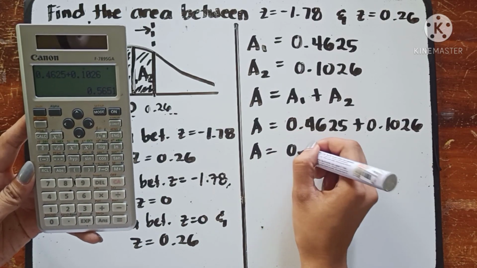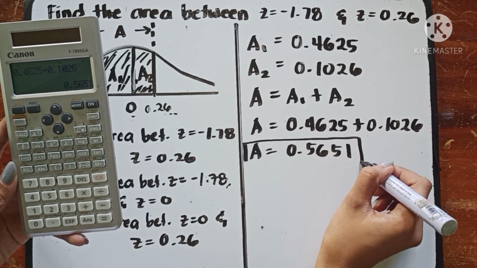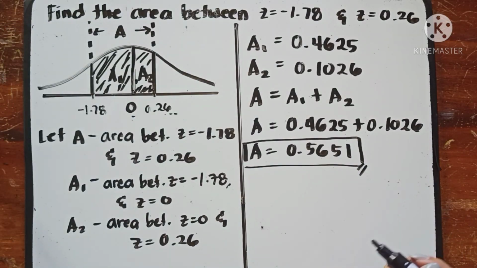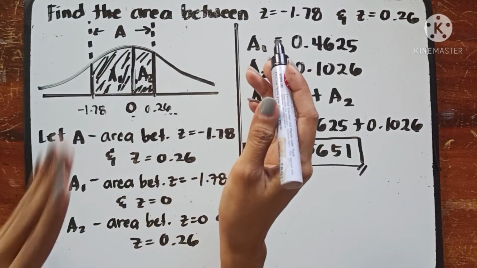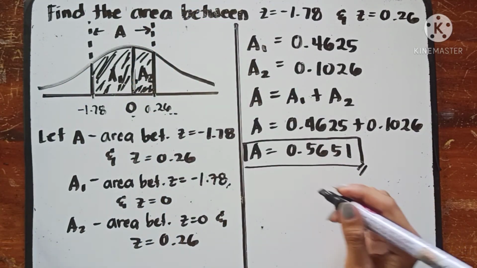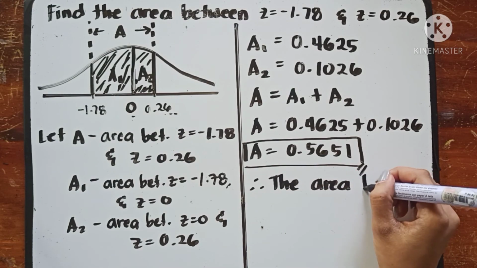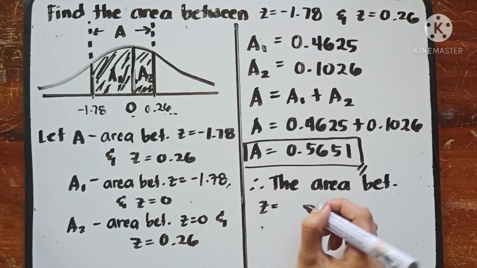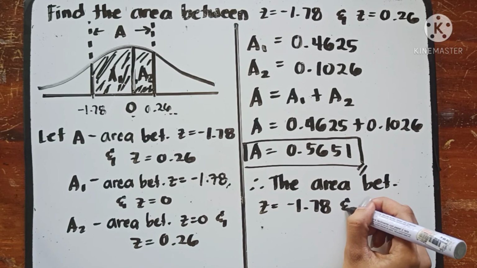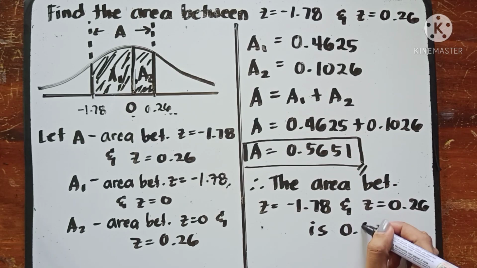So, this is the value of our A. So, ibig sabihin, itong shaded na to, from negative 1.78 hanggang 0.26, ang area nito ay 0.5651. So, therefore, the area between Z is equal to negative 1.78 and Z is equal to 0.26 is 0.5651. And that's it. Thank you so much.